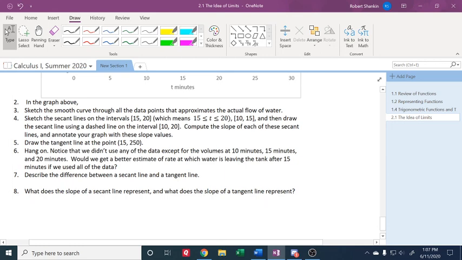Describe the difference between a secant line and a tangent line. And then number 8, what does the slope of a secant line represent? And what does the slope of a tangent line represent?